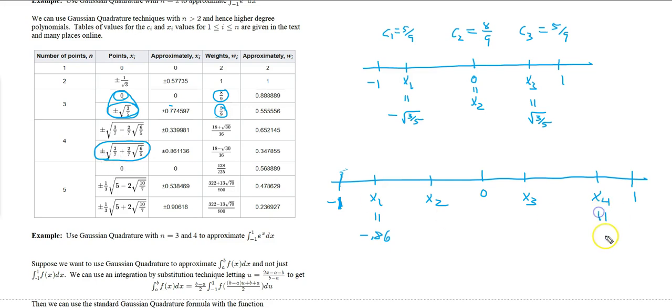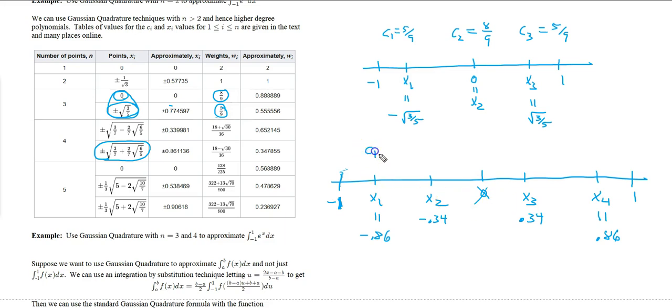The x4 is going to be positive 0.86 approximately. The x2 is going to be negative 0.34 approximately. The x3 is going to be positive 0.34 approximately. And then that 0, that's just there for reference. That's not one of our nodal values right there.